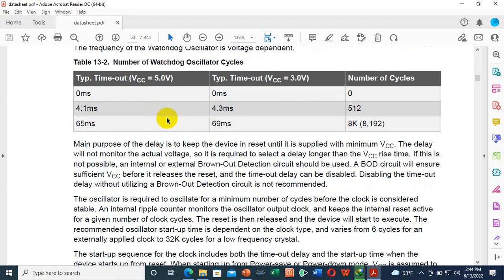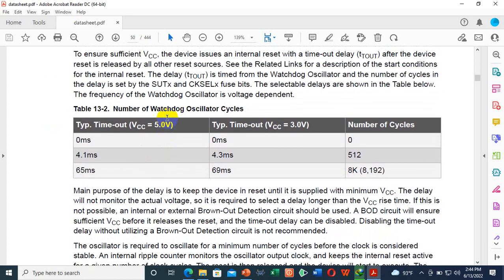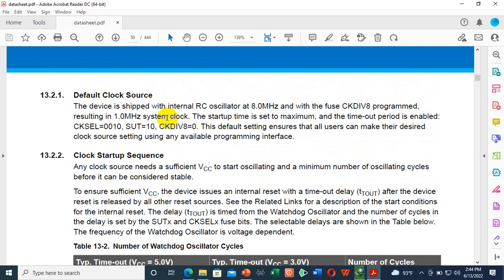Look over here. The device is shipped with the internal RC oscillator at 8 megahertz and with the fuse clock division 8 programmed. That means it is 0, resulting in a 1 megahertz system clock. The startup time is set to maximum and the timeout period is enabled. Clock select 0010, startup time 10, and clock division 8.